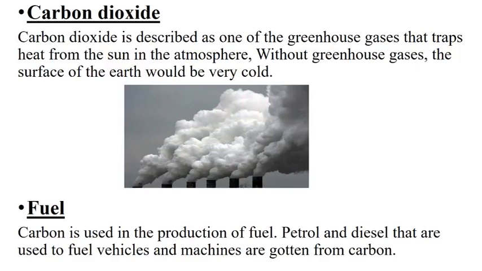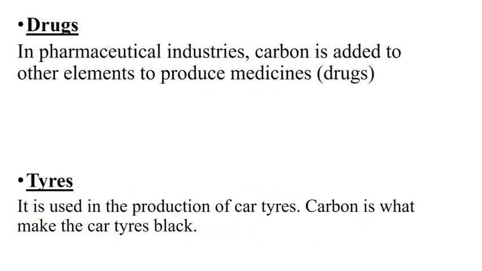Fuel. Carbon is used in the production of fuel. Petrol and diesel that are used to fuel vehicles and machines are gotten from carbon. Most of the drugs that we take when we are not too well, yes, carbon is added to other elements to produce medicines, that is drugs.